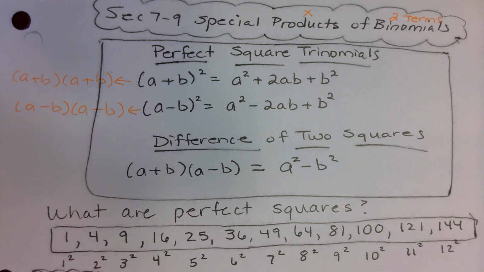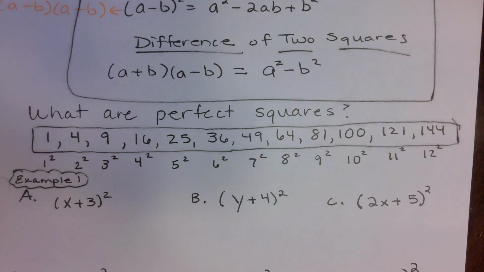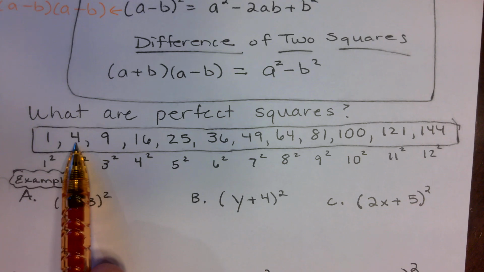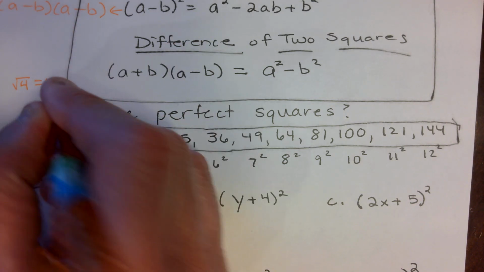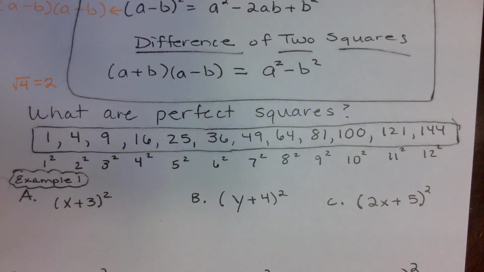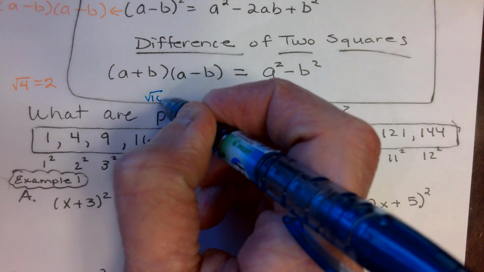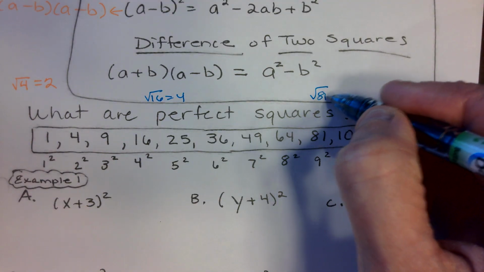Now before we can do that, you need to know what squares are. What are perfect squares? Perfect squares are numbers where, when you take the square root of them, so if I take the square root of 4, I'm going to get 2. If I do the square root of 16, I'm going to get 4. If I do the square root of 81, I'm going to get 9.